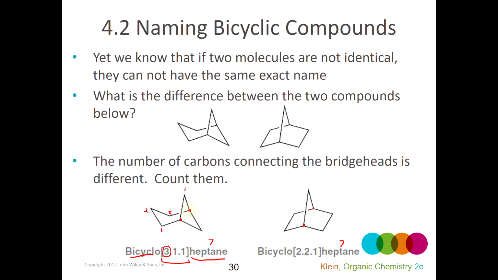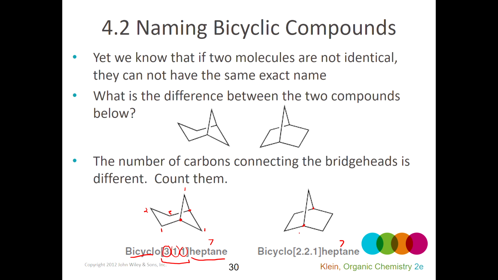Then next, I'm right back to the bridgehead again. So that loop only consists of 1 carbon. And then the third loop, again, is only 1 carbon long, then right back to the bridgehead. So bicyclo-3,1,1 heptane indicates I've got 7 total carbons fused together in a fused ring system, where one loop between the bridgeheads has 3 carbons and the other 2 loops between the bridgeheads both have 1 carbon.